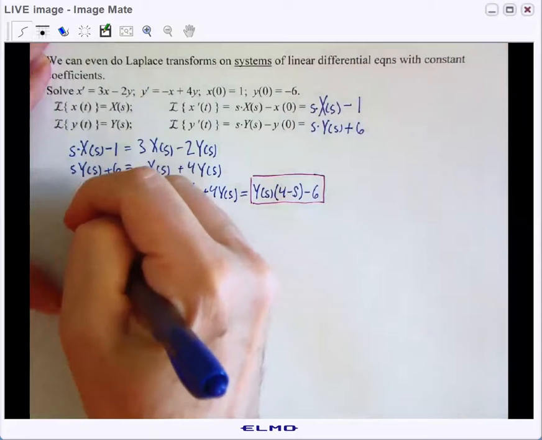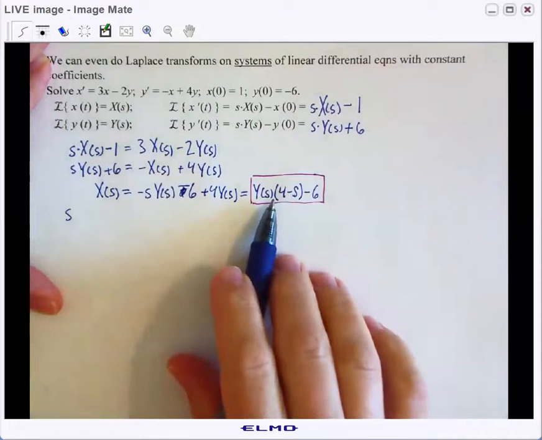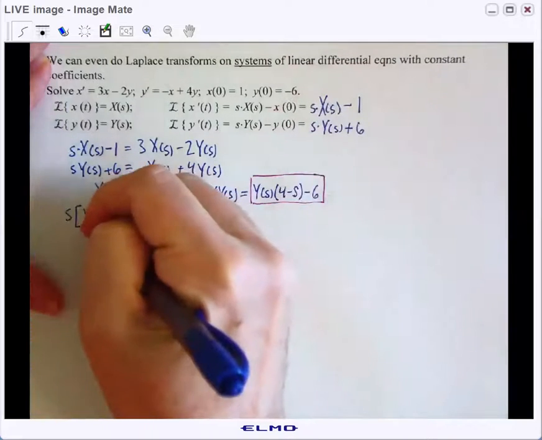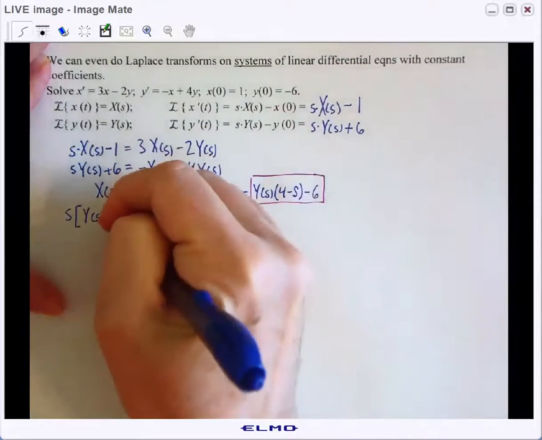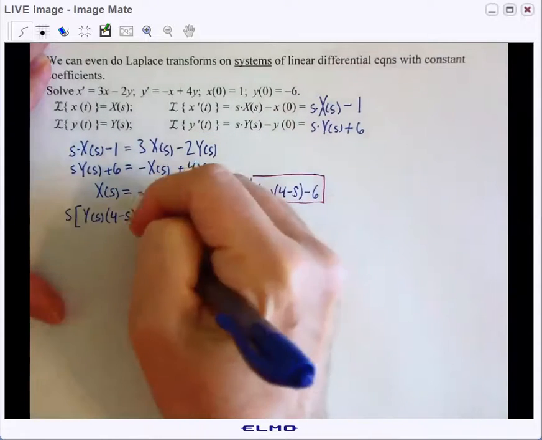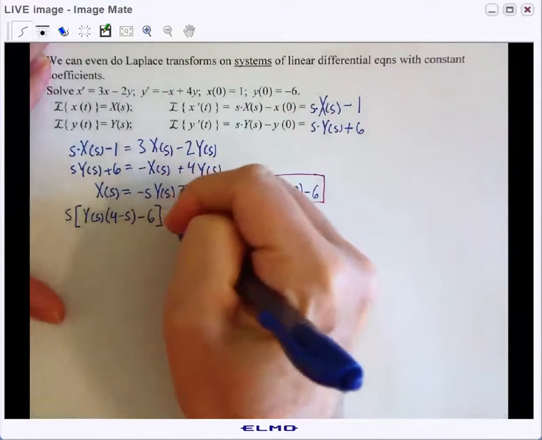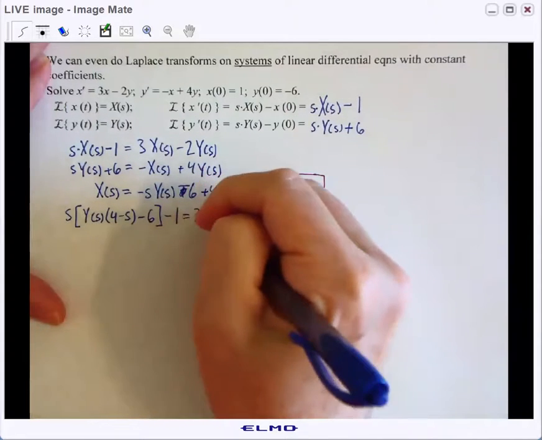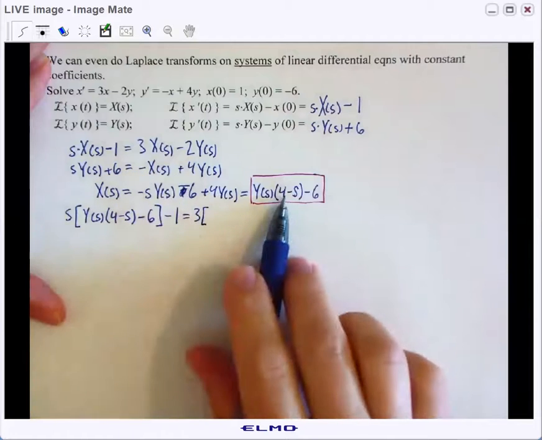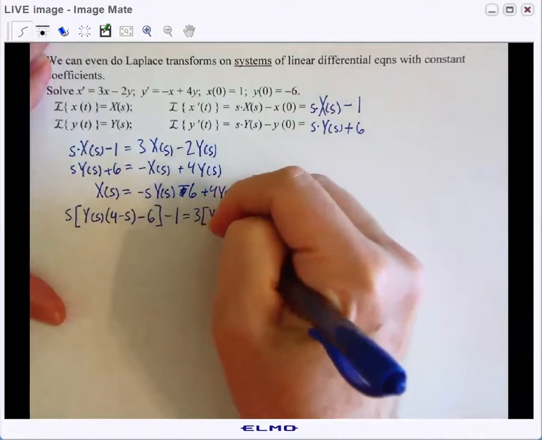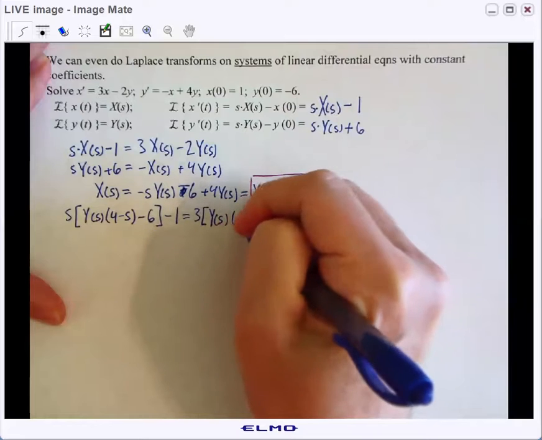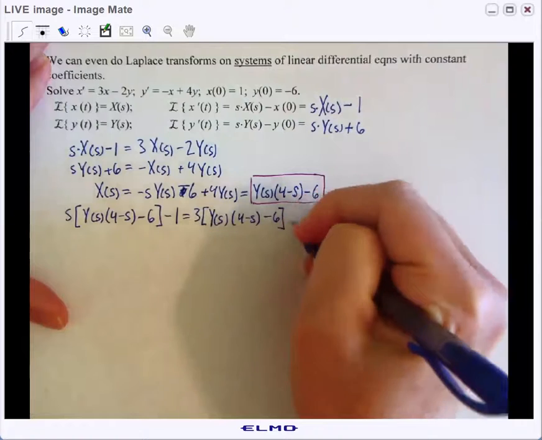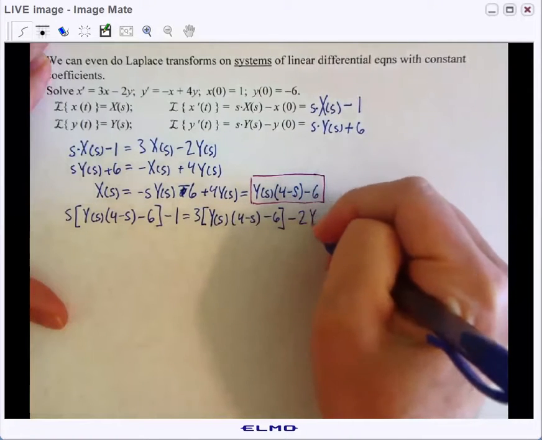So s times X of s, which is the quantity Y of s times 4 minus s minus 6, minus 1 equals 3 times X of s, which we've solved for as, again, Y of s times 4 minus s minus 6, minus 2 Y of s.